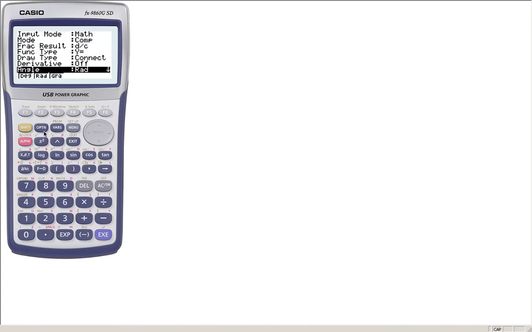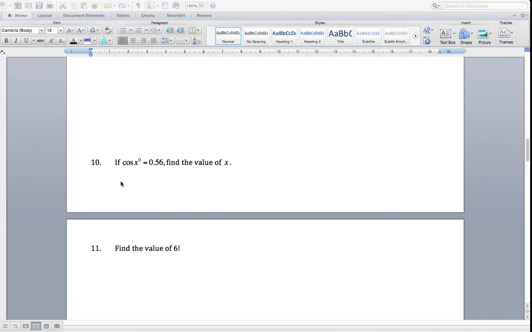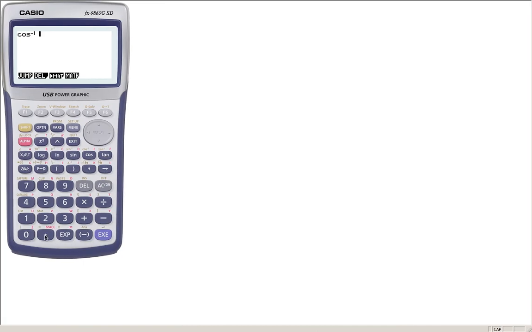Go there, change it to degrees and exit. Let me delete everything. So cos inverse, which is above cos, so shift cos, inverse of 0.56. The answer is 55.9 degrees, right? 3 significant figures. Good.